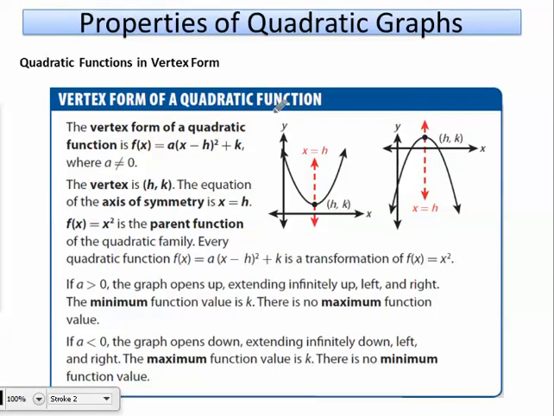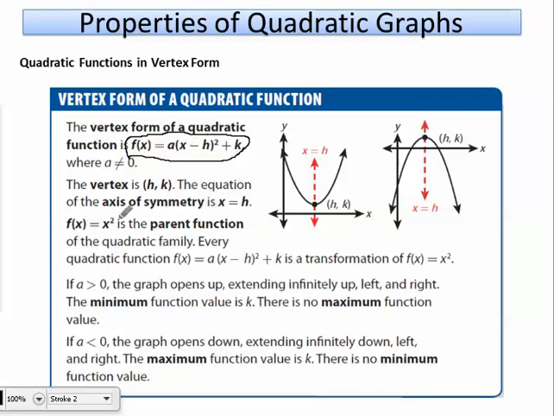Vertex form of a quadratic function. It's this equation right here. It's a function. It says a times the quantity x minus h squared plus k. Now, if you remember back to the linear equations, the h and the k tell you how far it's being shifted from the parent function.